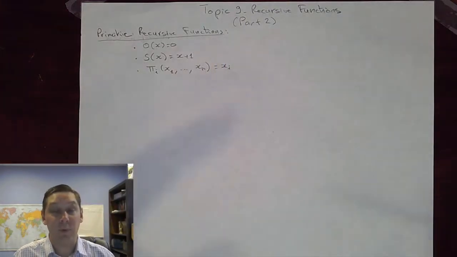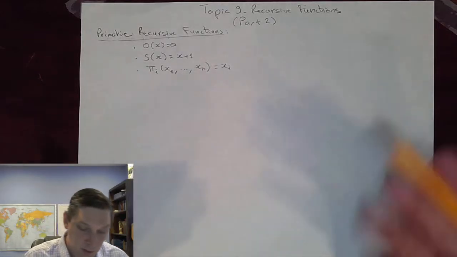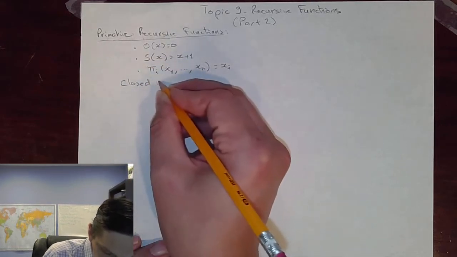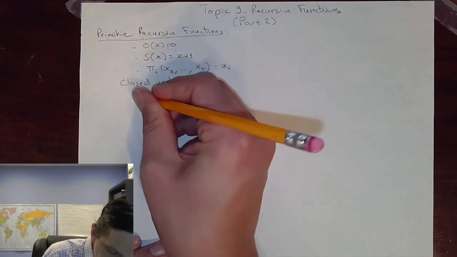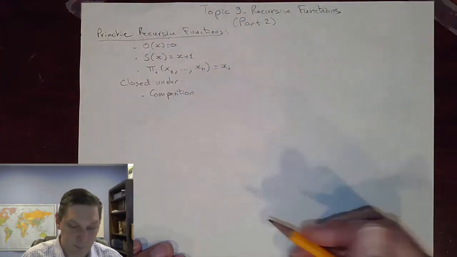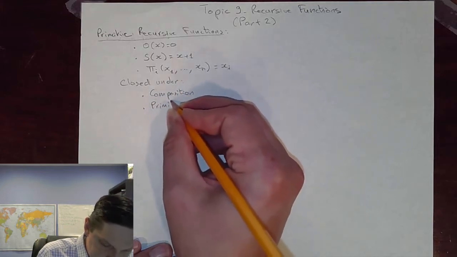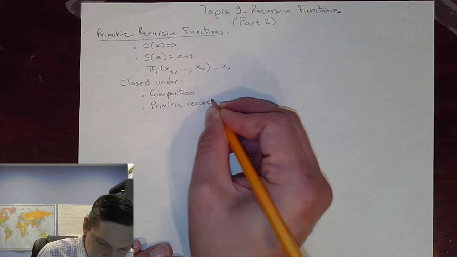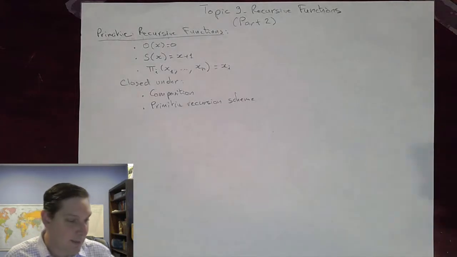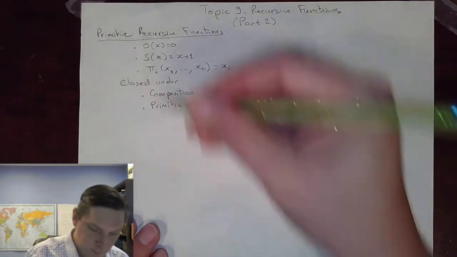And so these are the initial functions, and then the set of recursive functions is closed under composition. And for the details, you can look at the previous video, and also the primitive recursion scheme, as we saw last time with the base case and the inductive case. So that's basically primitive recursive functions.